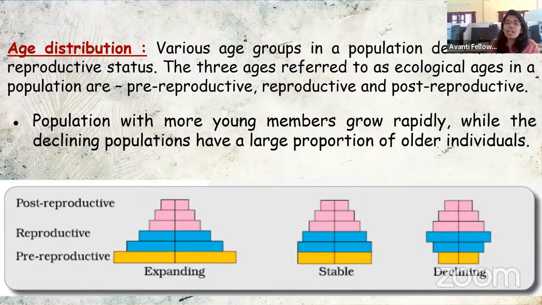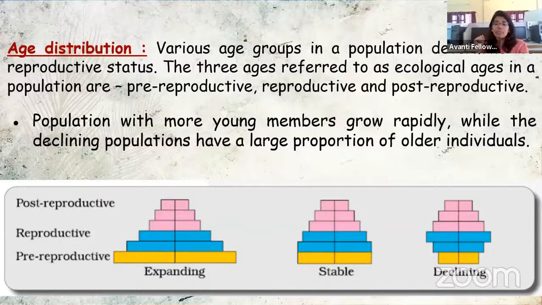So now they start to reproduce. Now you can see the number in the reproductive phase has increased. All these organisms start to reproduce and the population will increase. This is called an expanding population or expanding age pyramid.